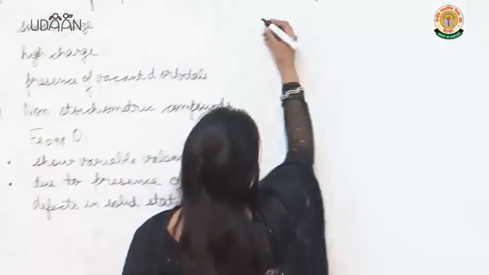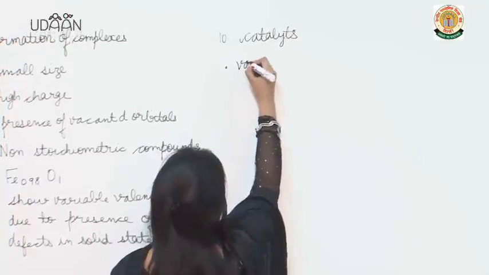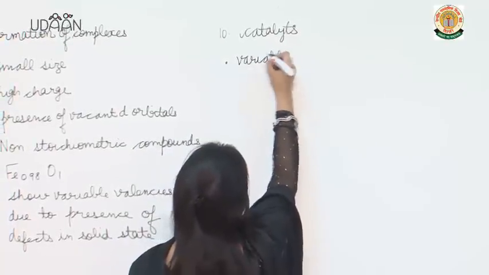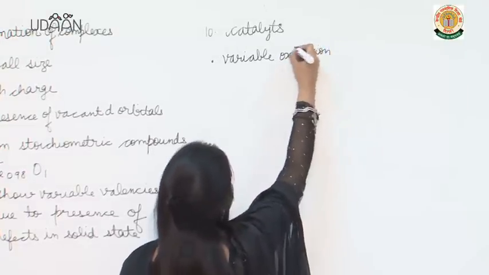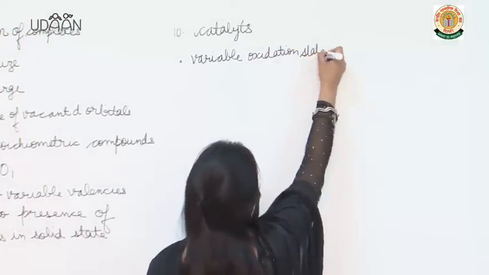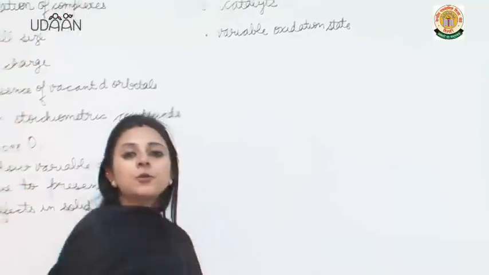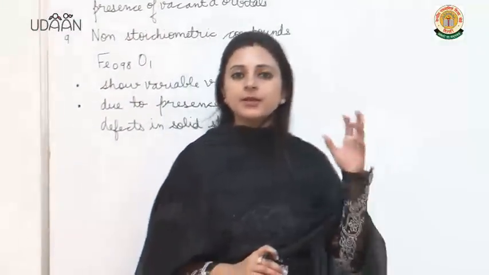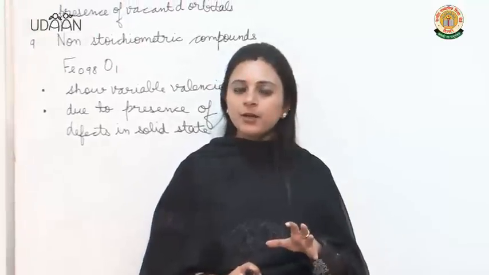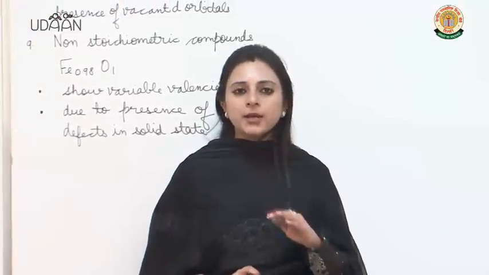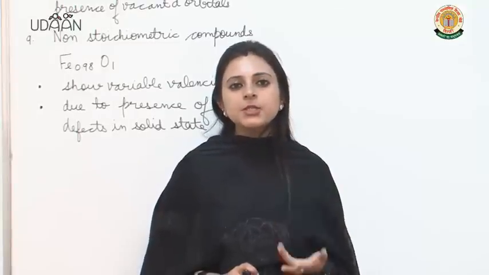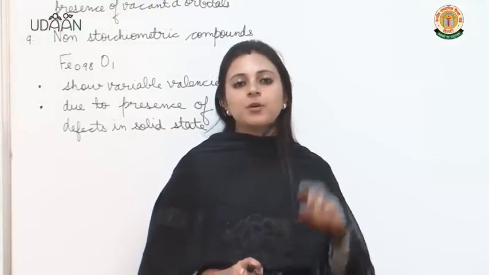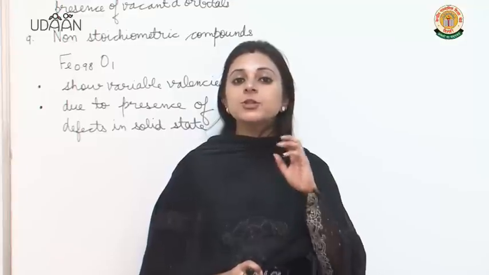Now what is the reason? First is that they can show variable oxidation states. Variable oxidation states show करने से क्या होगा? That they can form intermediate, क्योंकि catalyst को क्या करना पड़ेगा? उसको reactant के साथ react करके intermediate बनाना पड़ेगा. जब वो intermediate बनाएगा उसकी oxidation state change हो जाएगी. Oxidation state तभी change हो सकती है जब वो variable valency show कर पाए.